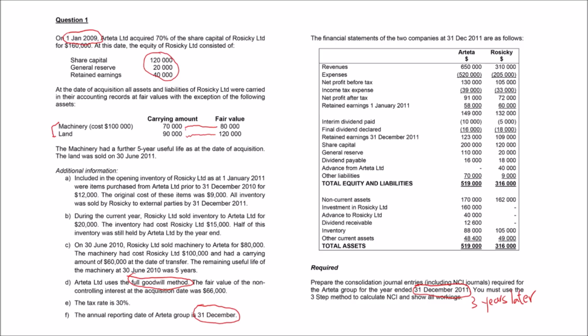And before you write down the fair value adjustment, you should look a little bit further to see whether we have any additional information about other assets and liabilities. In this one, if you look at the next paragraph, you can see that that information is also about machinery and land. So that means that in this particular question, we only need to adjust the fair value of machinery and land.